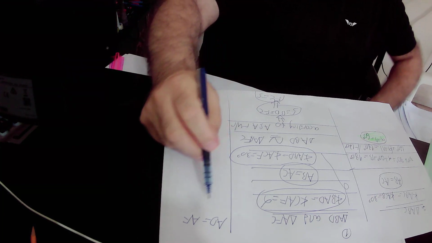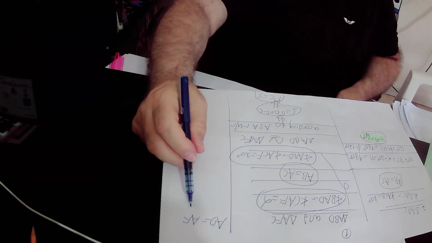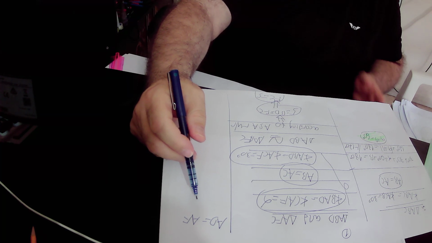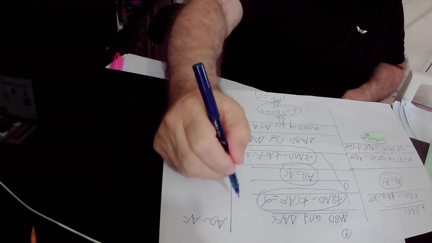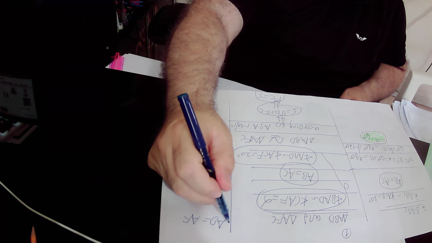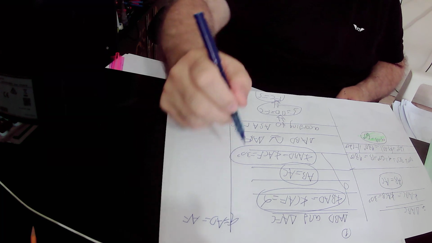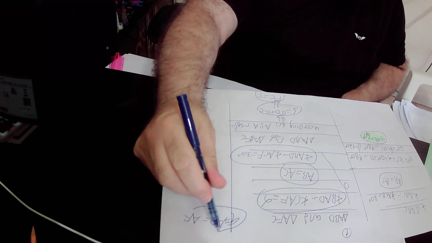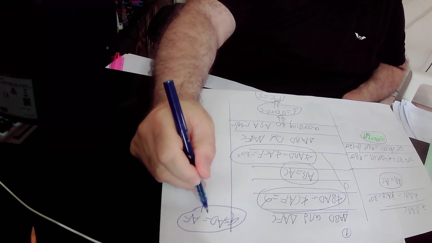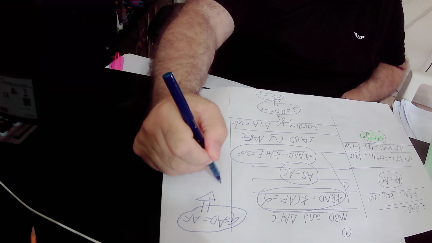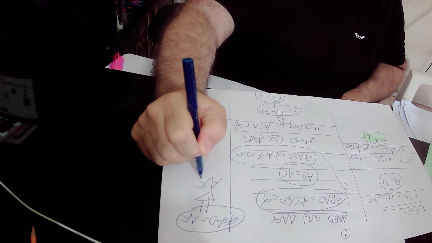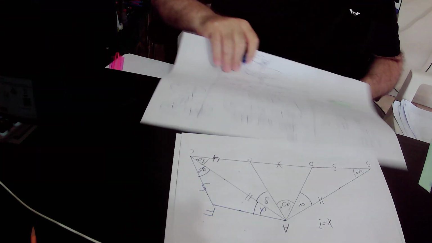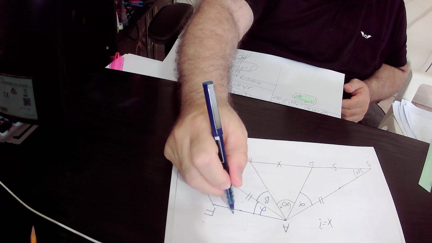Side AD is equal to side AF according to the same rule that corresponding sides in congruent triangles are equal to each other. We define side AD as A, and from this equation, A equals AD equals AF, we derive that side AF is also equal to A.